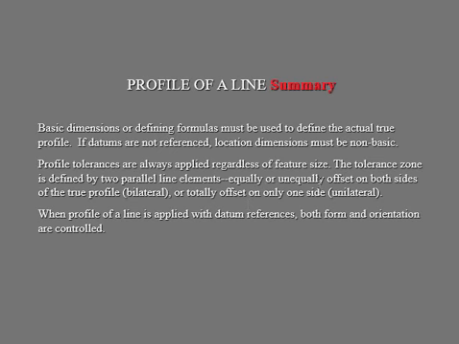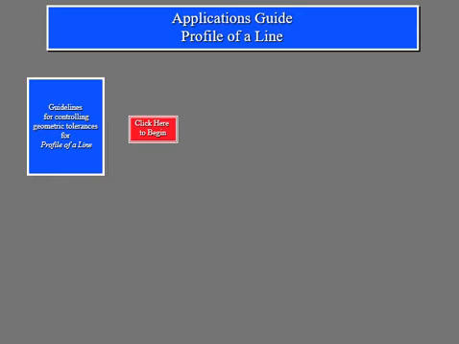Sometimes they're equally distributed, sometimes they're unequally distributed, your bilateral and your unilateral. And then your profile line is going to be applied with your datum reference, your form, your orientation. They can be controlled.